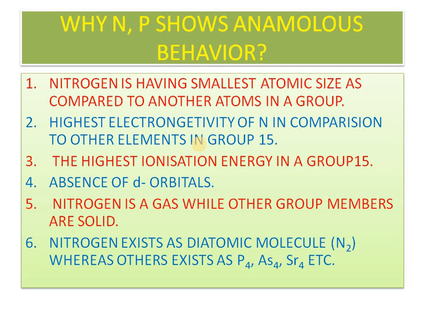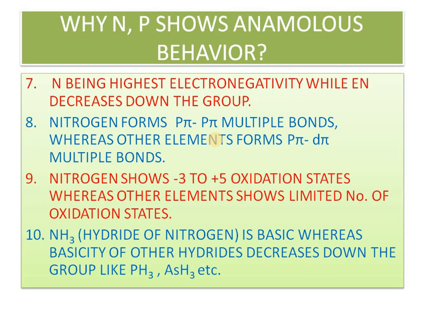Absence of d orbitals, because nitrogen does not have d orbitals: if you talk of n equal to 2, l can have values 0 and 1, so s and p only are possible. And nitrogen is a gas while other members are solid, because they exist as associated molecules like P4, S8.